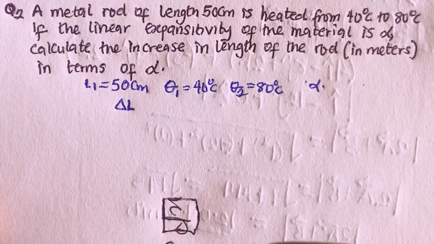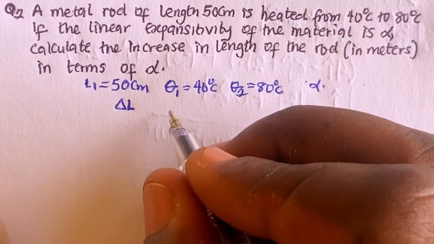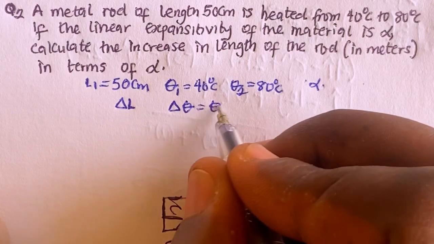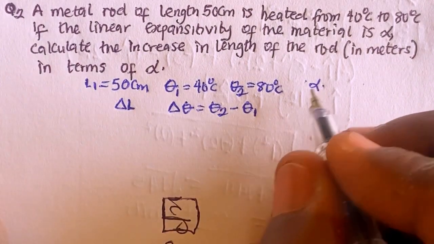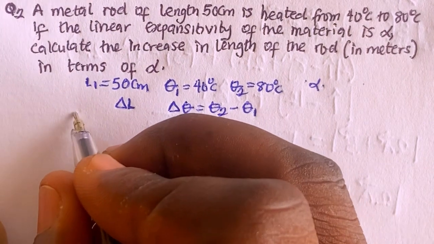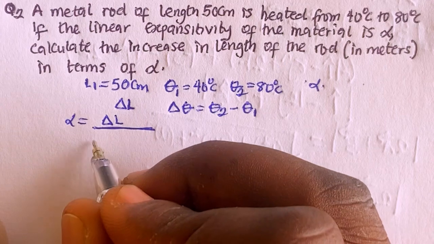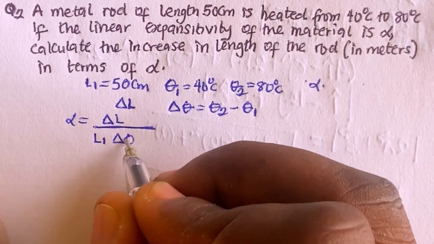Then we have our alpha here, then we have our delta theta, equal to theta 2 minus theta 1. If you recall from the formula of linear expansivity, alpha equals delta L divided by L1 multiplied by change in temperature.